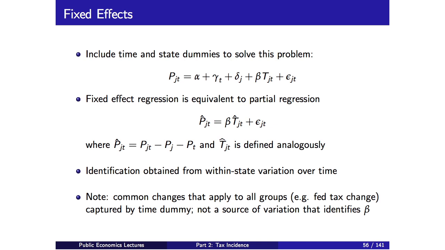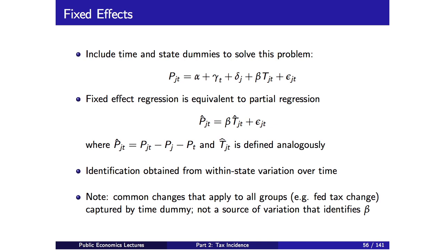And then what you can establish from basic econometrics is that the coefficient beta that you get from this regression is the exact same coefficient you'll get if you regress p hat on t hat, where t hat are the residual tax rates defined in the same way.